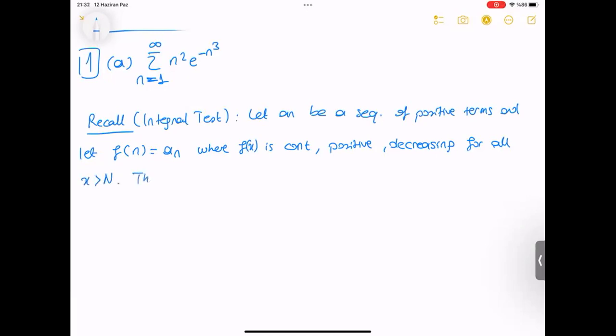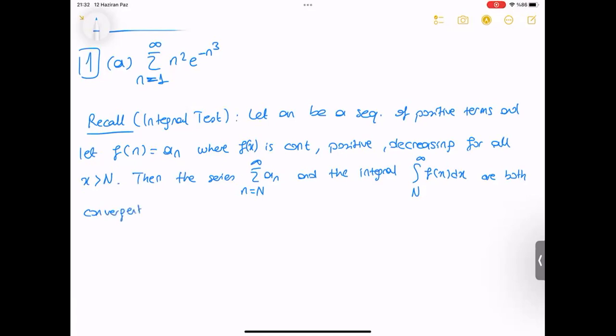In this case, we conclude that the series a sub n, starting from this uppercase N till infinity, and the integral from N to infinity of f of x dx, are both convergent or both divergent.